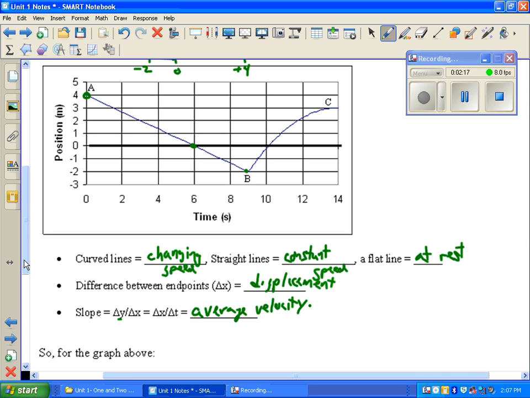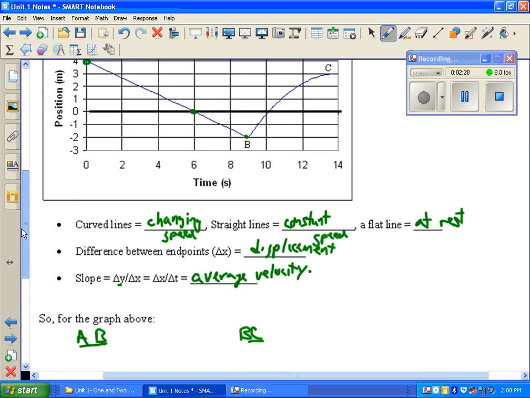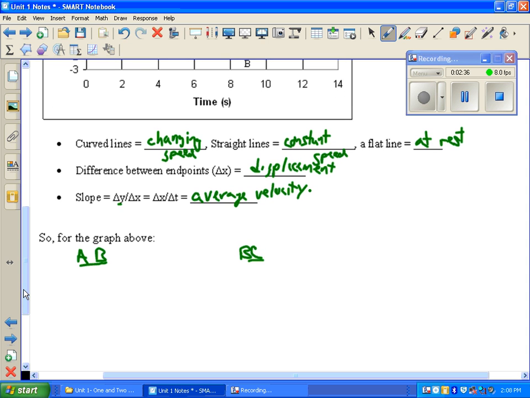Okay, so for the graph above, we're going to look at the two different sections. There's A to B, and then there's going to be from B to C. For A to B, we said that it's moving backwards, starting at +4 and ending at -2. So we'll say that it's backward.